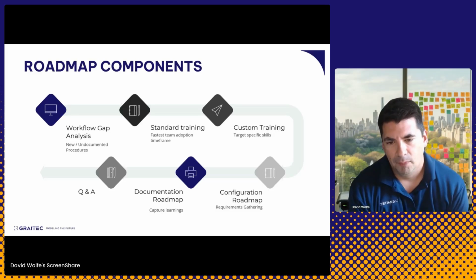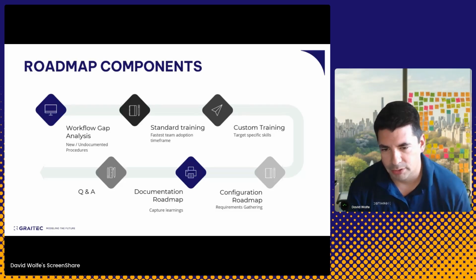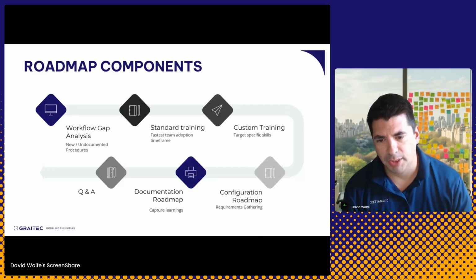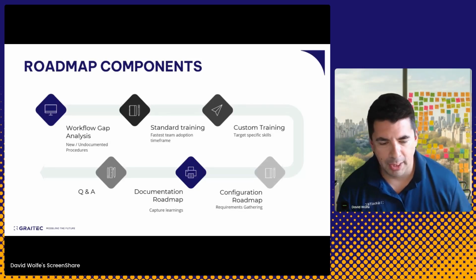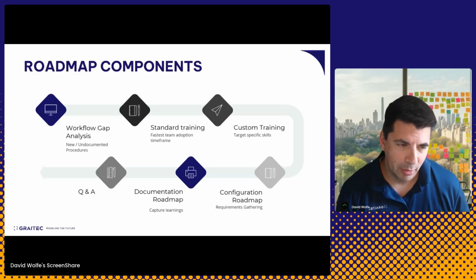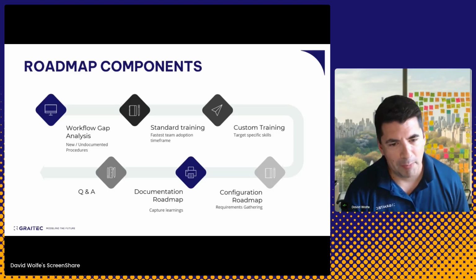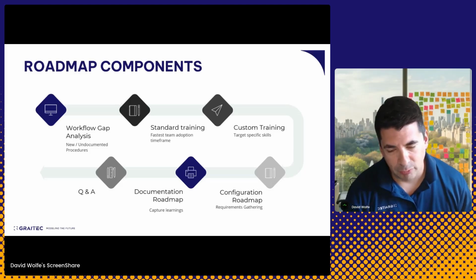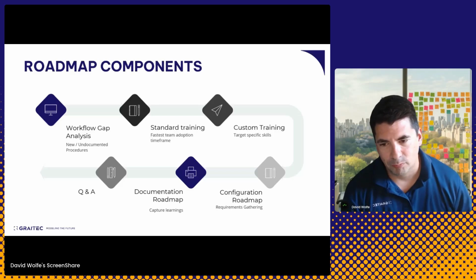Then, based on identifying the workflow and the standard training and custom training elements, we'll go through and create a configuration roadmap. In order to get to where you want to be, what are the things that need to be created? What are the requirements for those items? For example, maybe as part of your design deliverables, you need to create an estimate for your pipelines so that someone can do a takeoff.